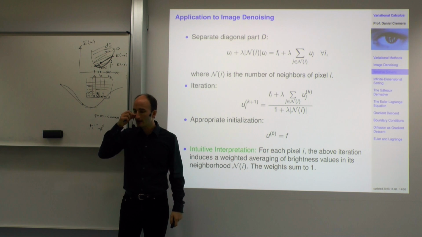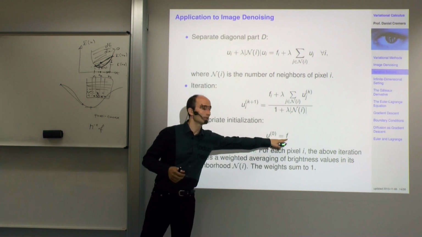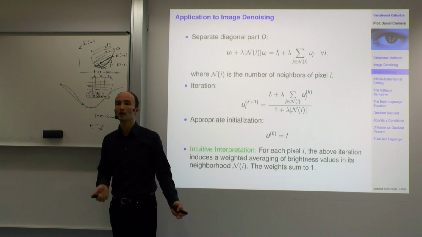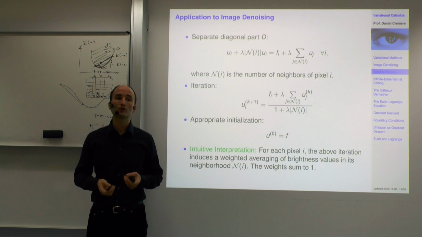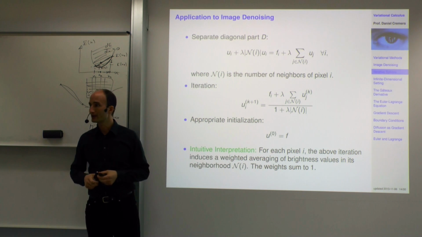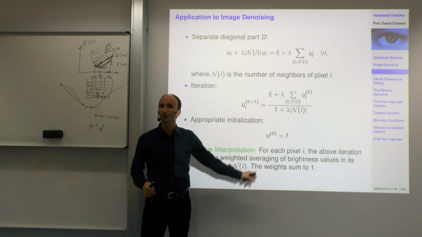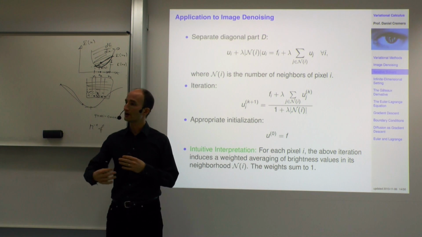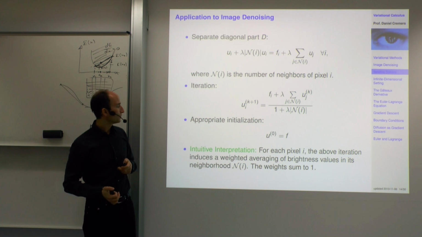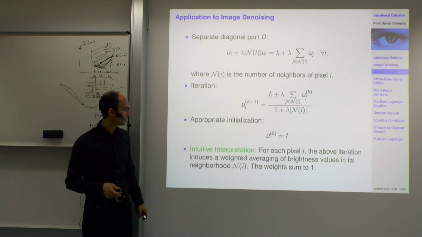For denoising, there is a very good natural initialization, and that is start with the input image. Why? Because the data term says I want to be close to the input. So starting with the input is a solution that fulfills the data term perfectly, and from there on I iterate. What do the iterations do? This looks a little complicated at first glance.